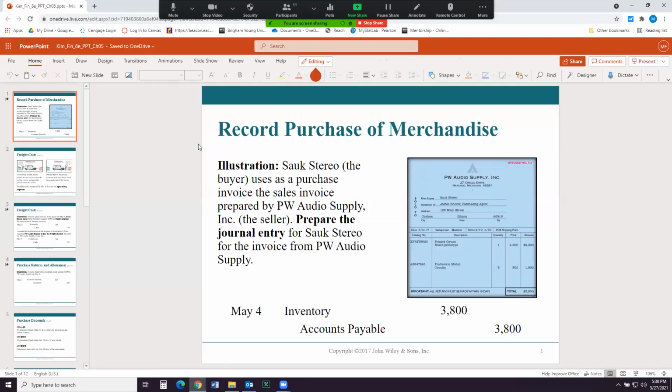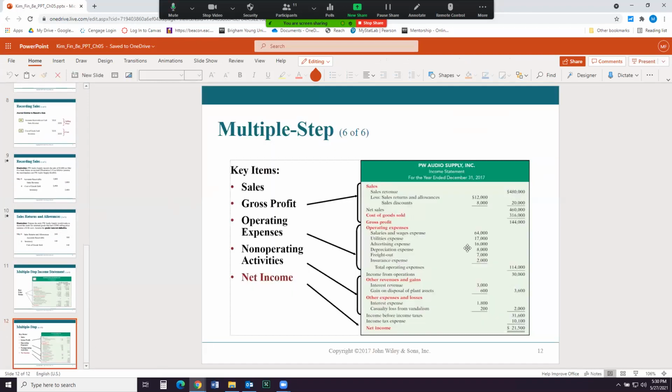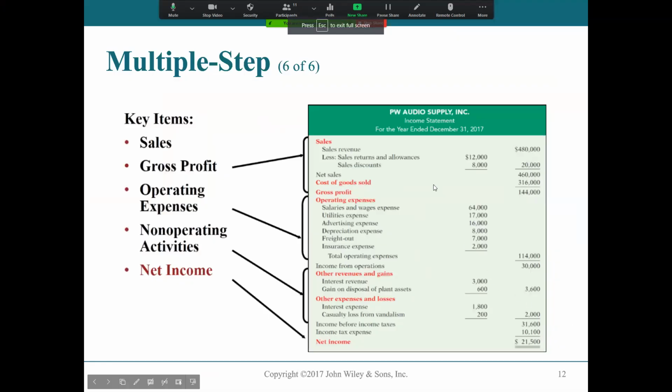I have a question. Okay. So the last multi-step income statement that you showed us, is that only specifically when you sell items, or it's also for services? So if you have a business that only sells services, then they're not going to usually have a cost of goods sold. Sometimes you'll see cost of service, if they can break that down.